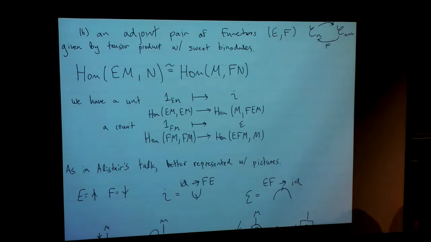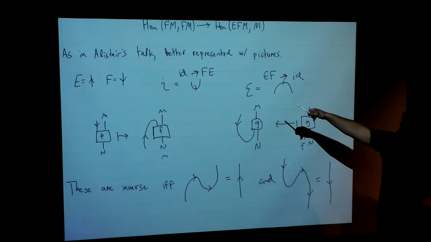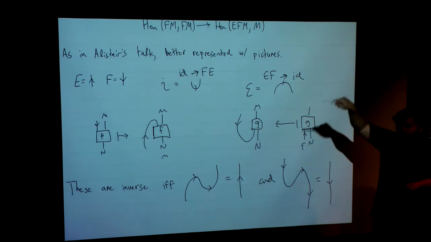As in Alistair's talk, we're going to draw some pictures of this. So I'm going to draw E and F as a strand with an up arrow and a down arrow. Orientations help me keep track of which one is which. So if I read diagrams from bottom to top, the unit of the adjunction is the cup.